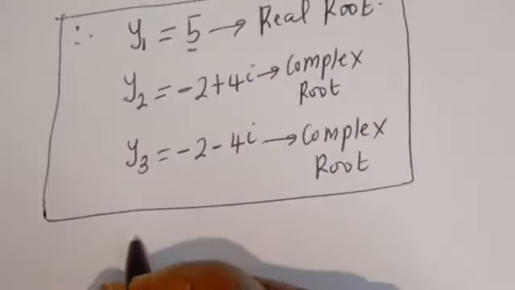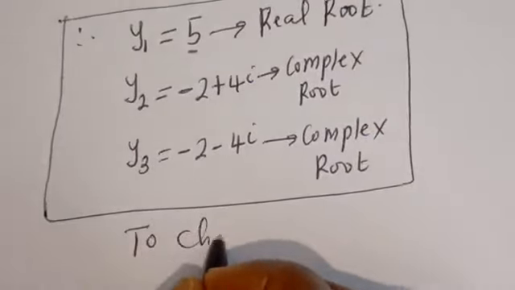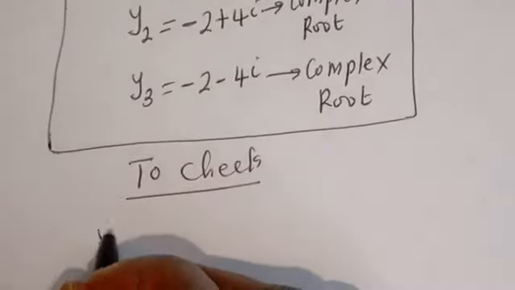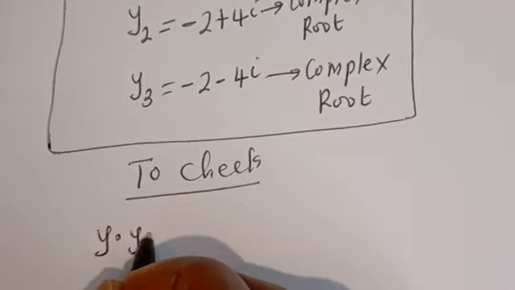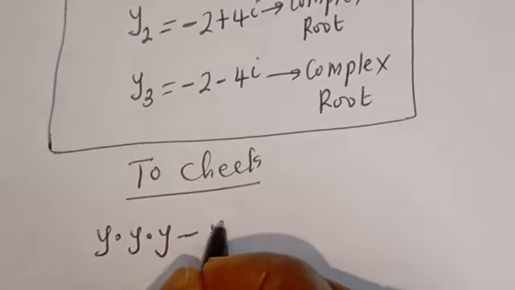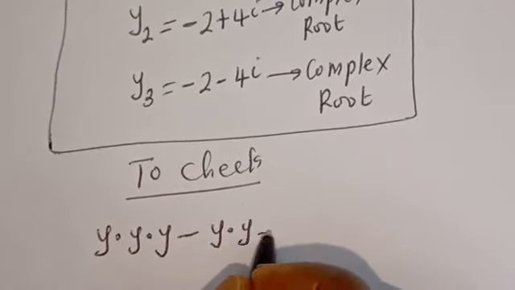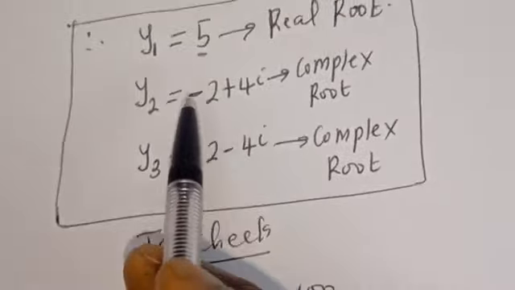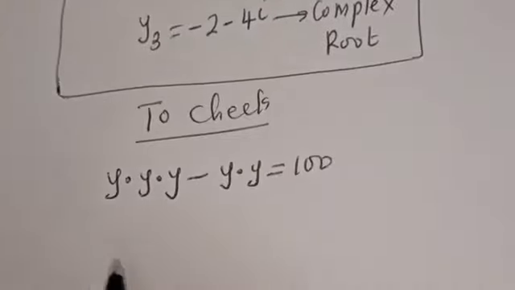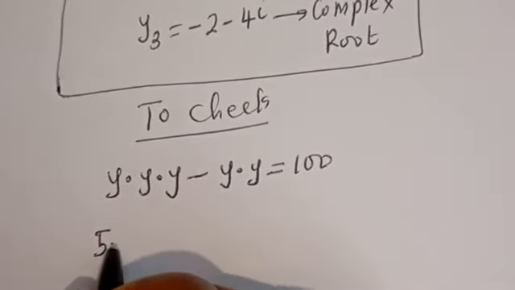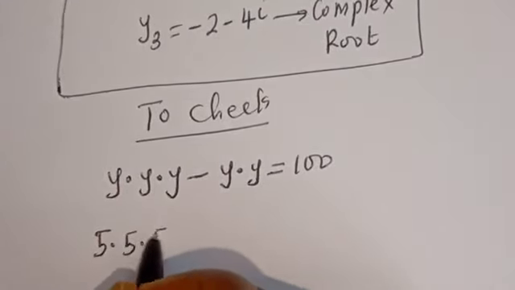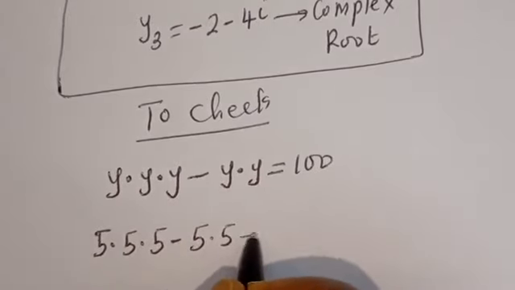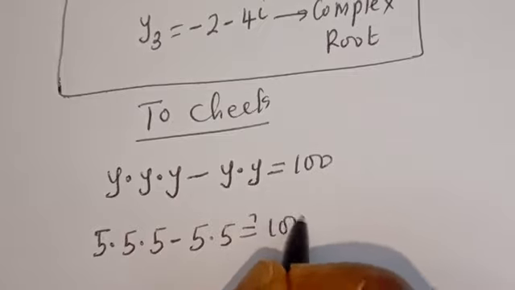To check, we have the given equation y multiplied by y multiplied by y minus y multiplied by y is equal to 100. When y is equal to 5, here we have 5 multiplied by 5 multiplied by 5 minus 5 multiplied by 5 must be equal to 100.